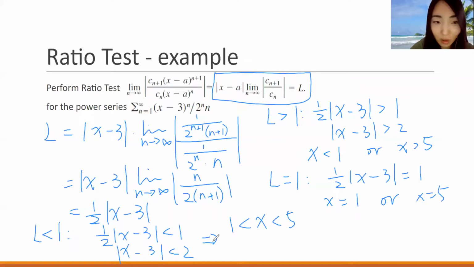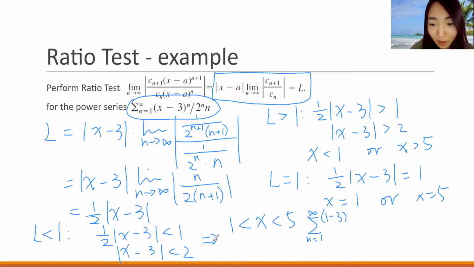So when x is equal to 1, we have to plug back into this power series. So we should get the summation when small n goes from 1 to infinity of 1 minus 3 to the power of n divided by 2 to the power of n times n. And this is the summation when n goes from 1 to infinity of -1 to the power of n divided by n.